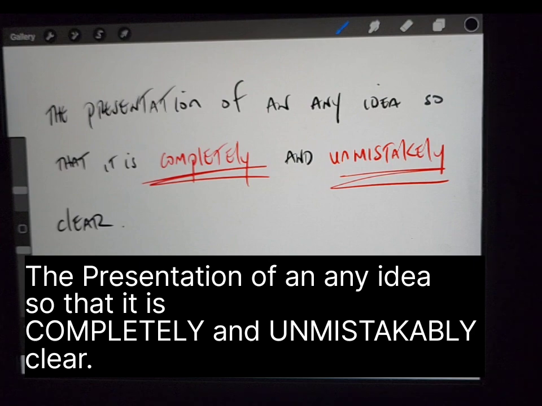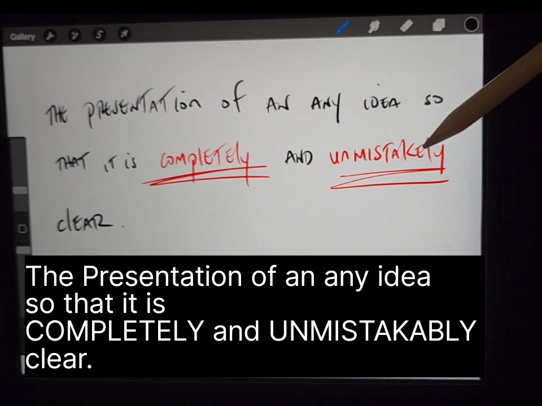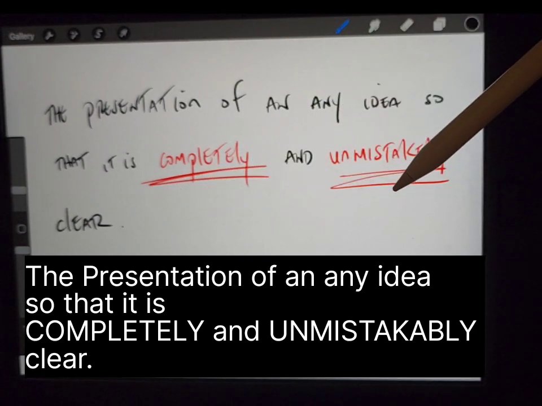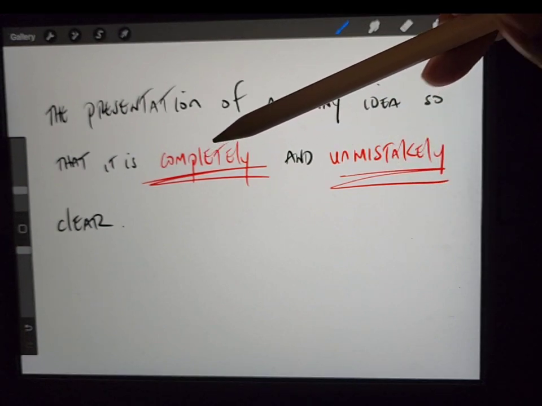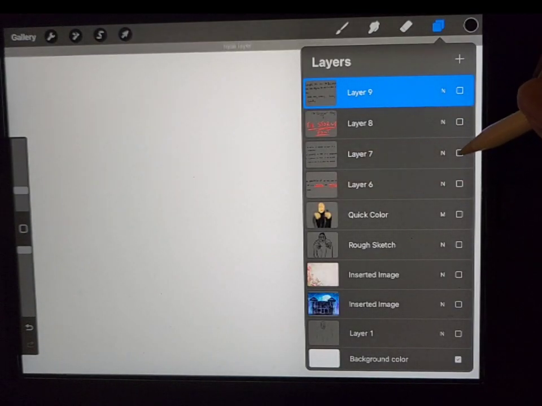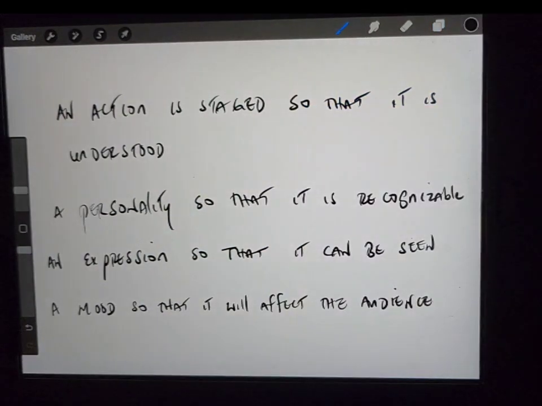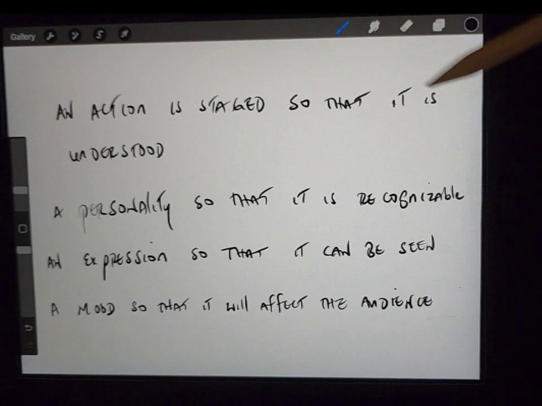Staging is the presentation of any idea so that it is completely and unmistakably clear. That's the purpose of staging. If you have an action, the action is staged so that it is understood.